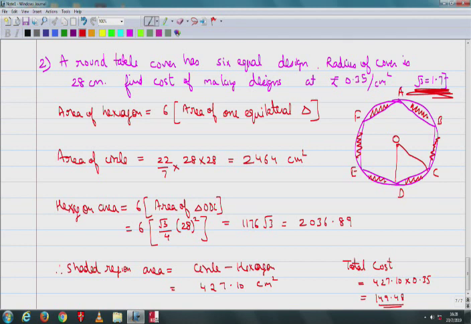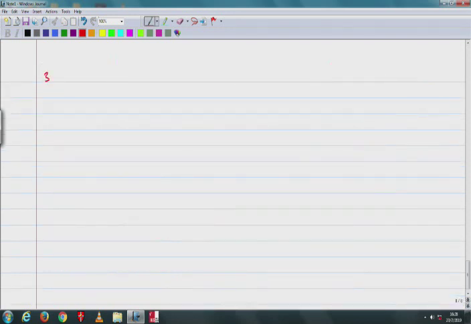So questions are directly straightforward. You just have to observe how you can figure out the shaded region area. Now, the third one. Try this question.